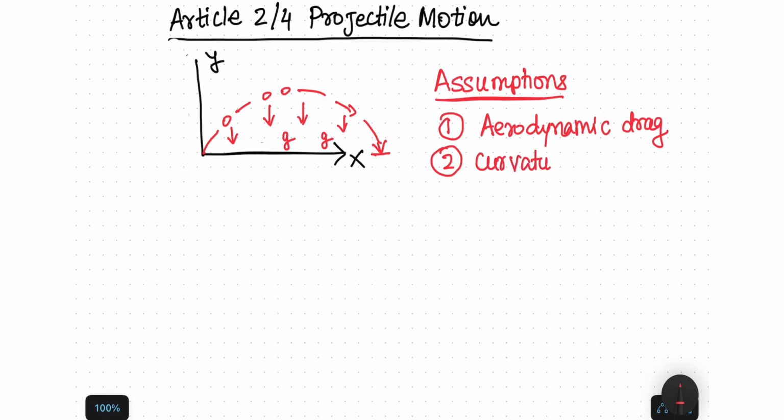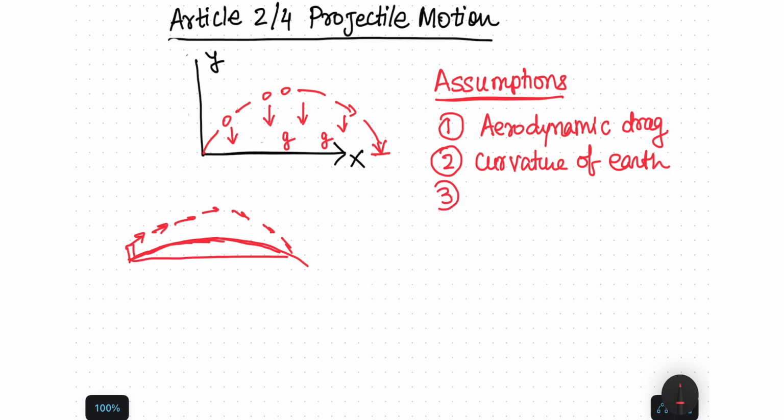You know that the earth is not flat, it has a certain curvature. Suppose a rocket is launched from here, it goes up into the sky and then comes back to the earth. We assume that this is a flat, straight line.